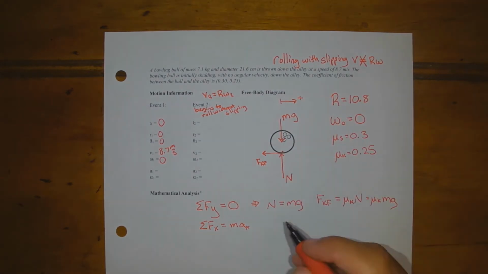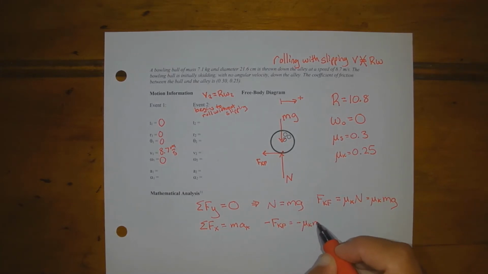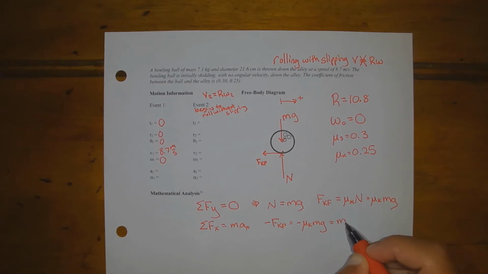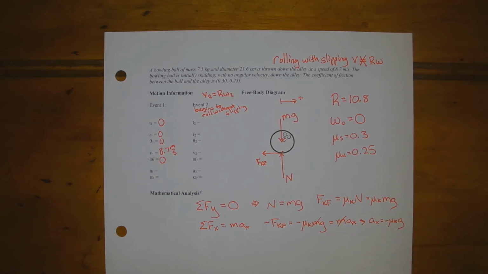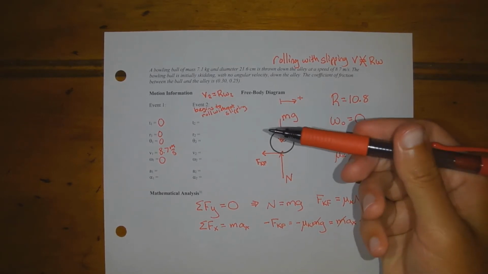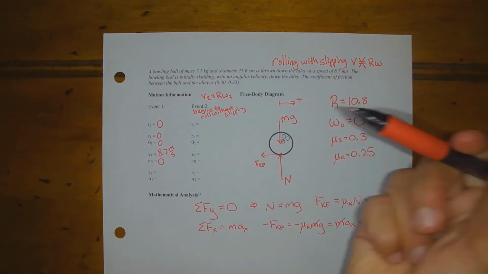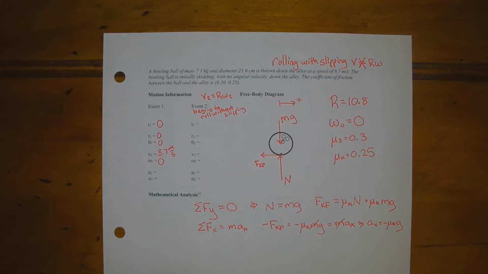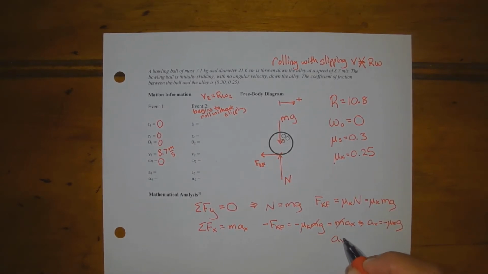So this force is in the negative direction, so I have minus F_K, which is negative mu k mg, equal to mass times acceleration in the x direction. So acceleration in the x direction is equal to negative mu k g. That has the correct units, and the ball is slowing down, so it's moving this way and the acceleration is this way.